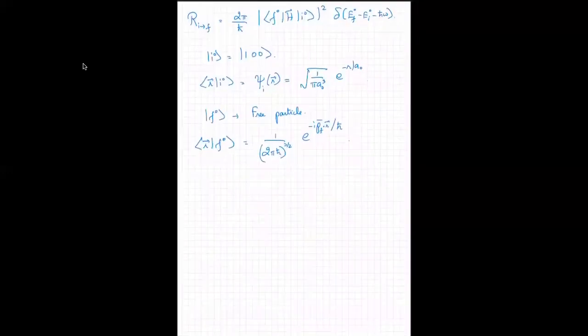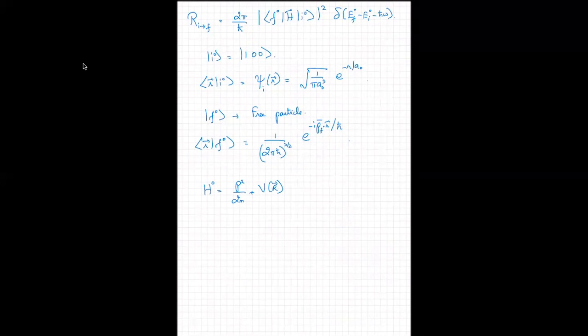So let us try to understand this Hamiltonian. If I don't have any electromagnetic radiation, my free particle Hamiltonian is basically p square over 2m plus V of r, where V of r is of course the Coulomb potential.